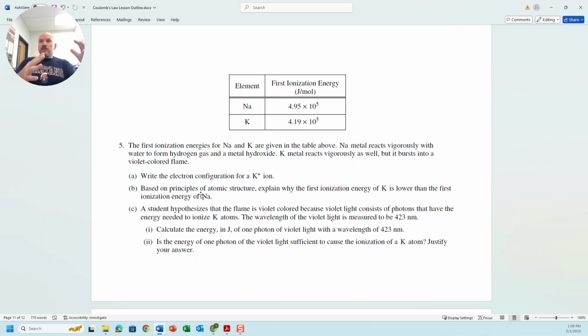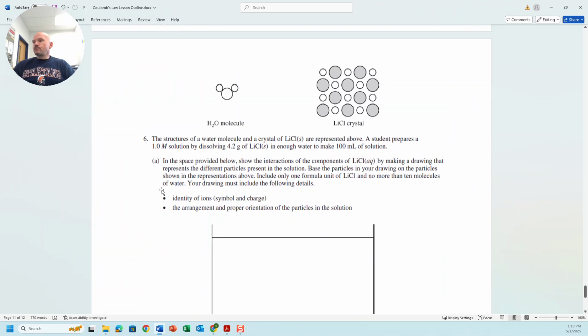Their attraction to the nucleus. Well, that attraction weakens the further away from the nucleus they are, right? As distance or separation increases, Coulombic attraction decreases. So it's easier to remove an electron that's further away from a nucleus than one that's closer, okay? So that's what's going on in part B, okay?